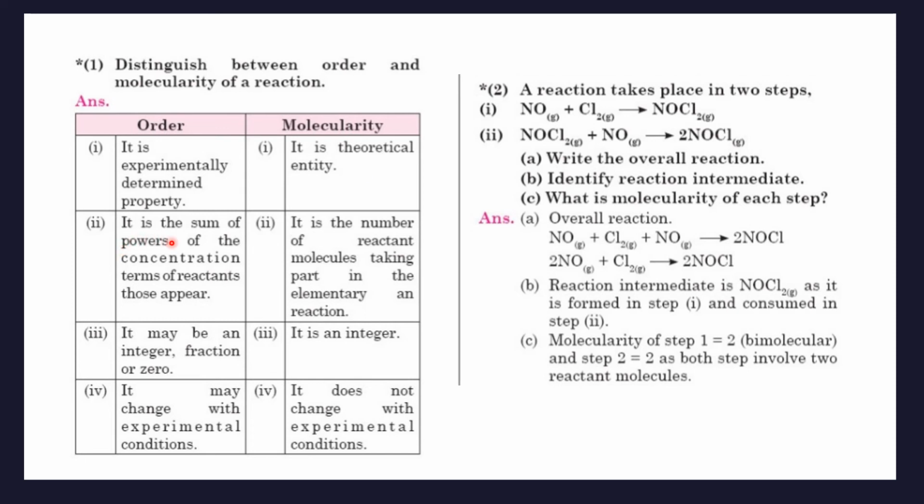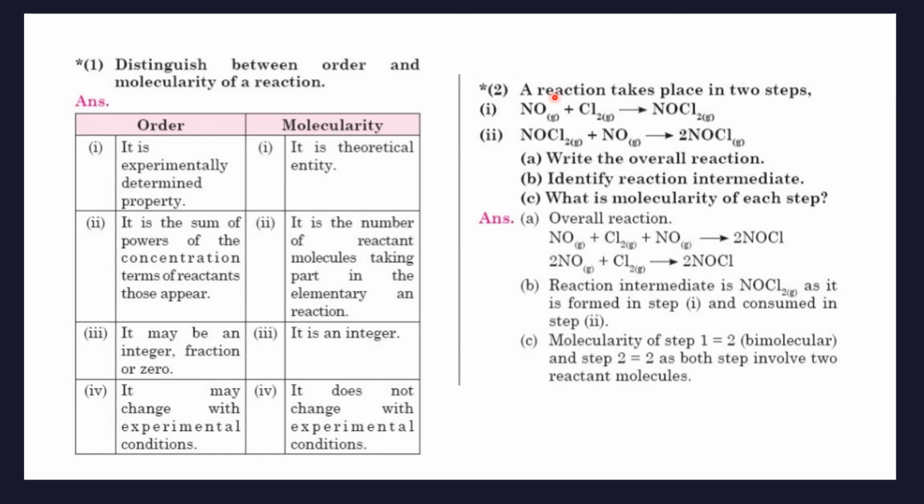Number 2, order is the sum of powers of concentration terms of reactants in the rate law expression, while molecularity is the number of reactant molecules taking part in the elementary reaction. Number 3, order may be an integer, fraction or zero, while molecularity is an integer. Number 4, order may change with experimental conditions, while molecularity does not change with experimental conditions.